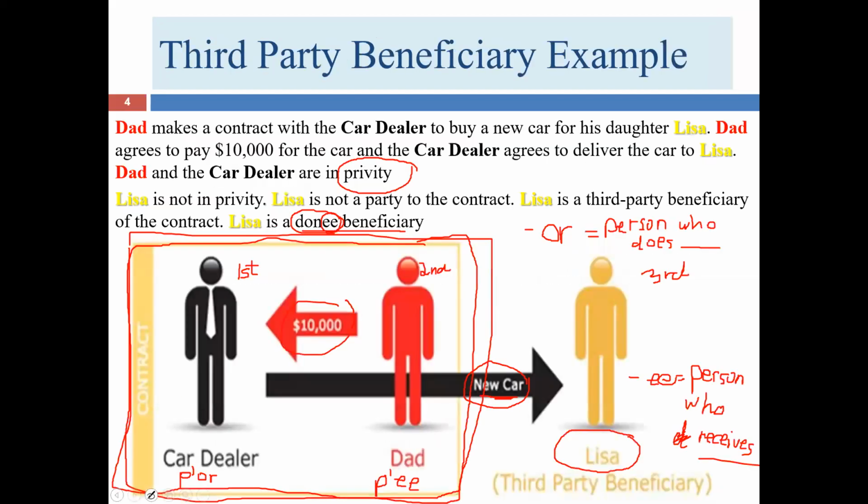So let's assume that Dad and the car dealer have made this arrangement, and Dad says, listen, Lisa's on spring break right now, so don't deliver the car today. She's going to be back on Monday, so deliver it then. And let's say while Lisa's on spring break, she goes to South Padre, and she gets herself into some trouble. She gets arrested for public drunkenness or something. And Dad has to bail her out. Dad's like, oh, I don't want to give her a car now.